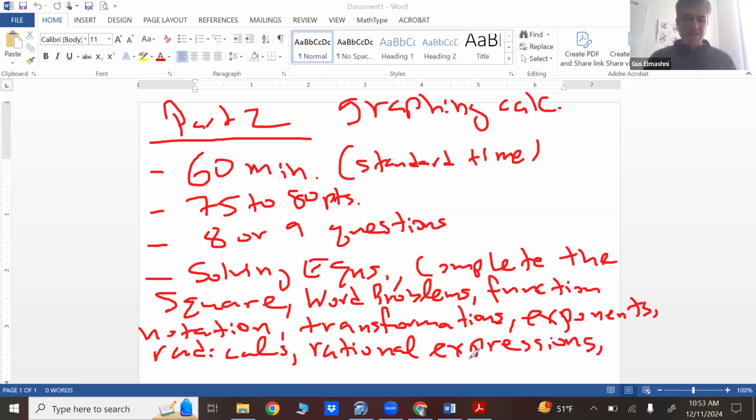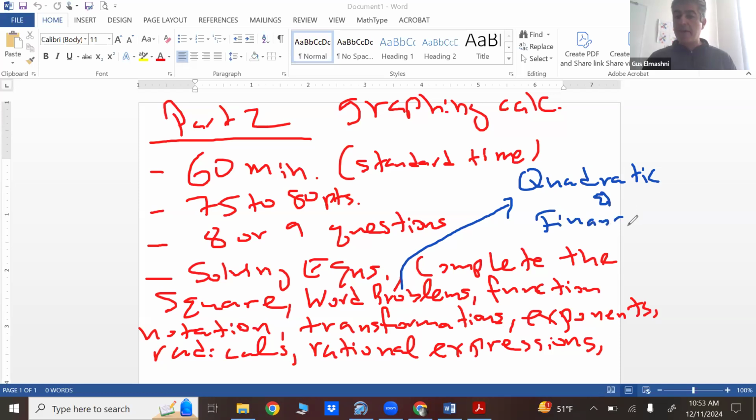And finance. Well, that's under word problems. So word problems, kind of let me branch out here. And we had a quadratic word problem in the most recent test, right? We had 2. In finance, like interest, all those things. That's a lot. That's part 2.